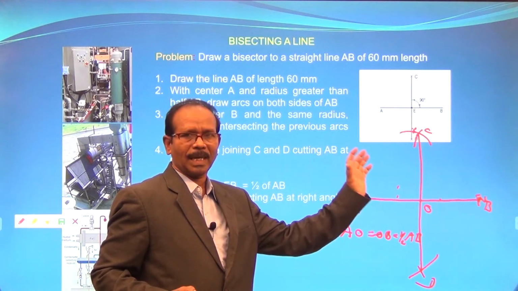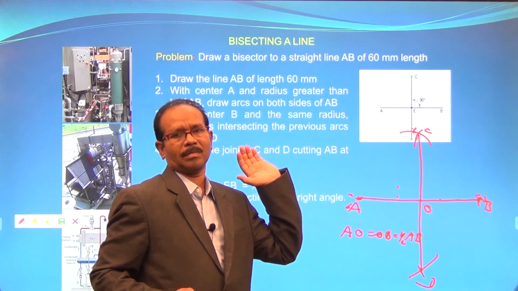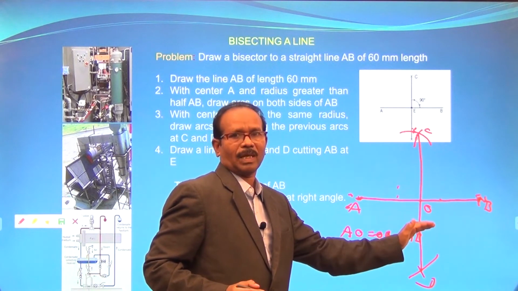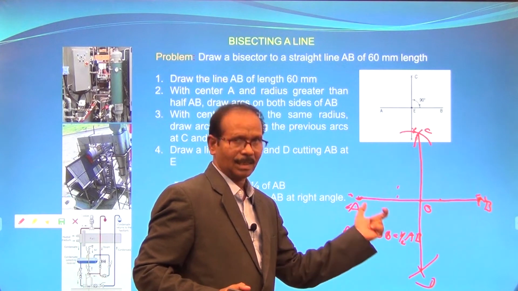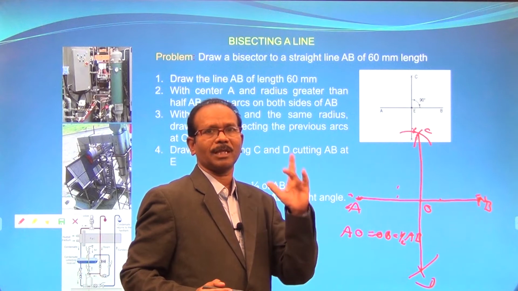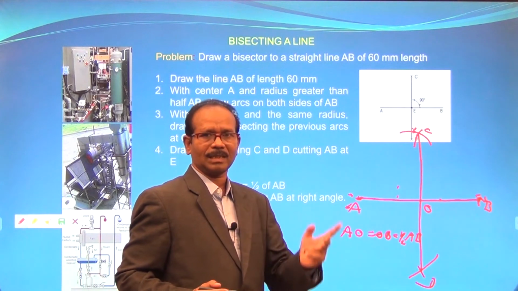Once you complete the line bisection diagram, give the numerical value, that is, the dimensioning. The elements of dimensioning were introduced in the previous class: two extension lines, one dimension line, and arrowheads are required.